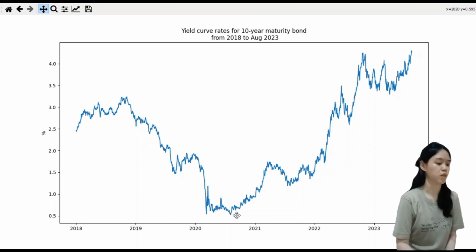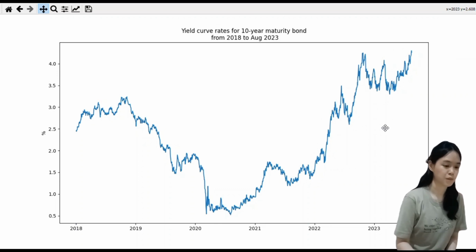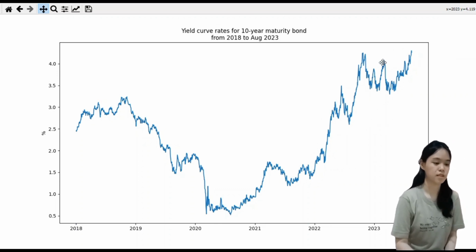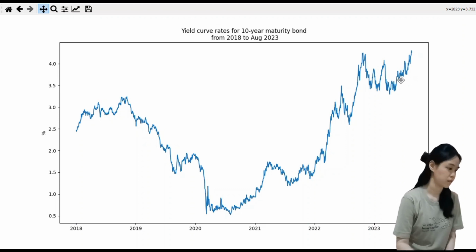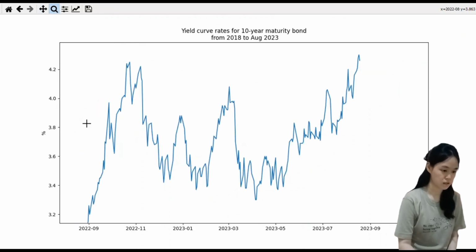But then it started to rise again, having its ups and downs until now. So at least from 2018, the bond yield rate in recent days is at its highest level at around 4%. Okay, so let's try to zoom in on this.